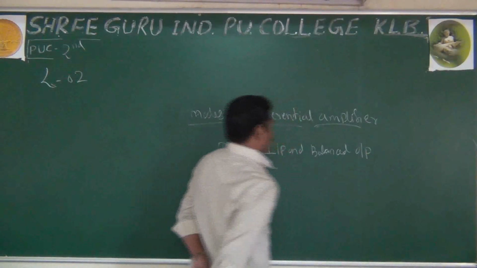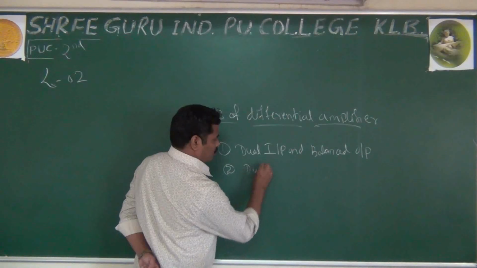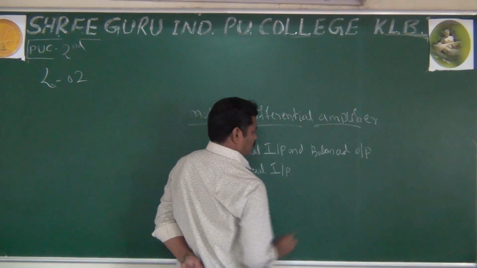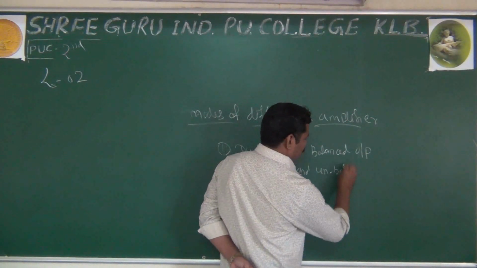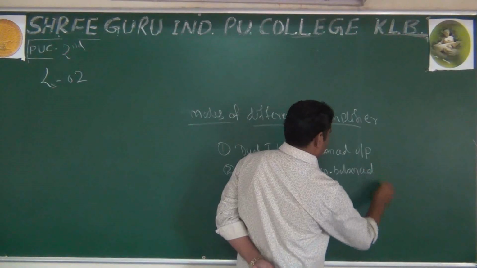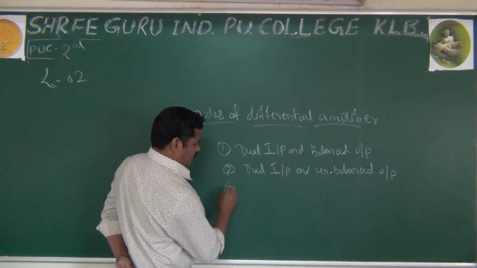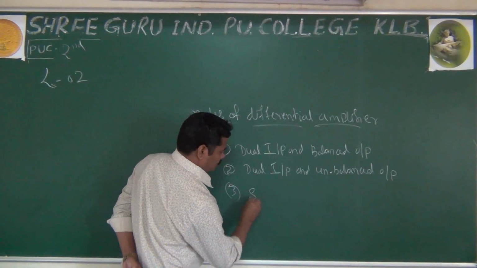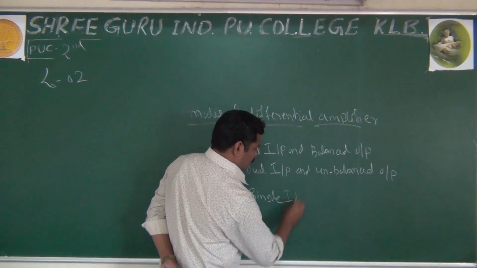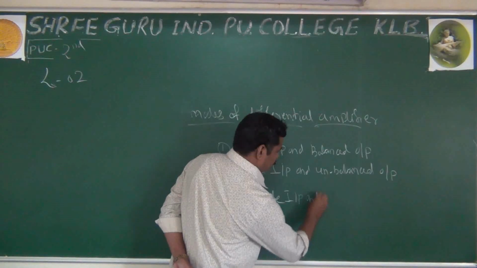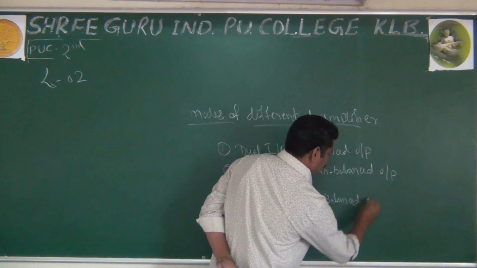The second one is dual input and unbalanced output. The third one is single input and balanced output.